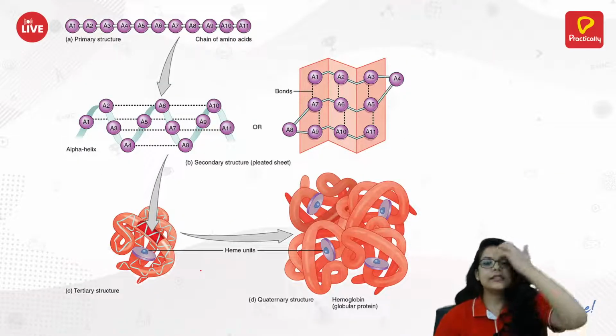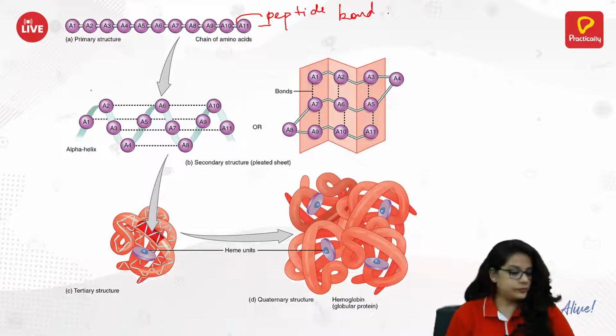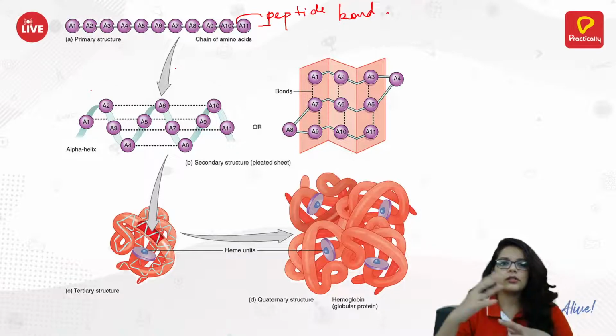Now, this is how it looks. Suppose this is the primary structure, one after the other, one after the other. This is a peptide bond. Now they will fold.